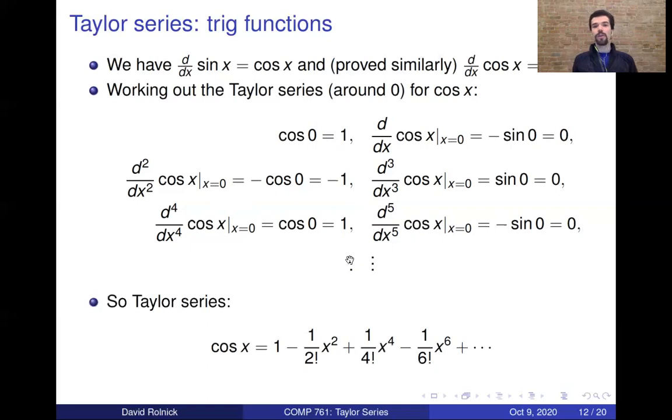And here, we've canceled out all of the odd Taylor series terms, and we end up with, again, alternating positive and negative. So 1 is the constant term, minus 1 over 2 factorial x squared, plus 1 over 4 factorial x to the 4th, negative 1 over 6 factorial x to the 6th, and so on. Okay. Those are the two Taylor series.